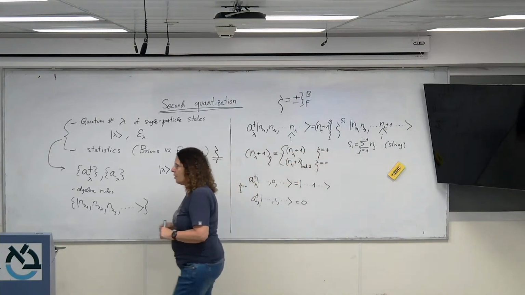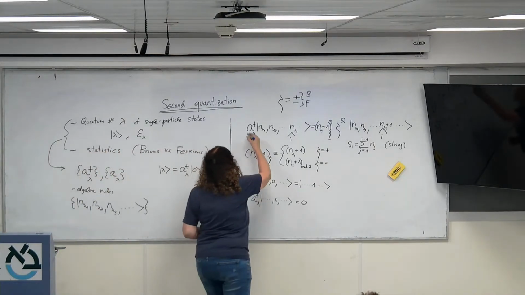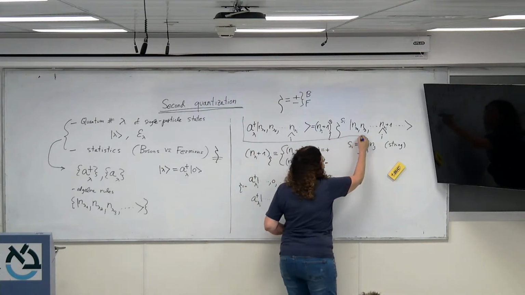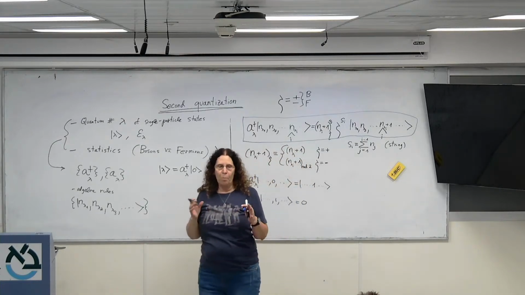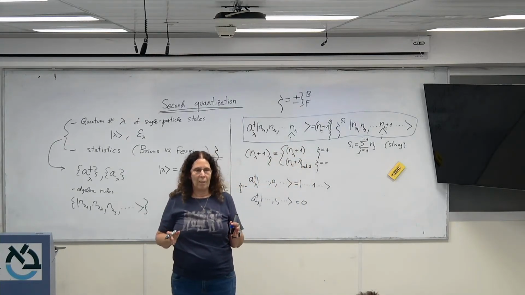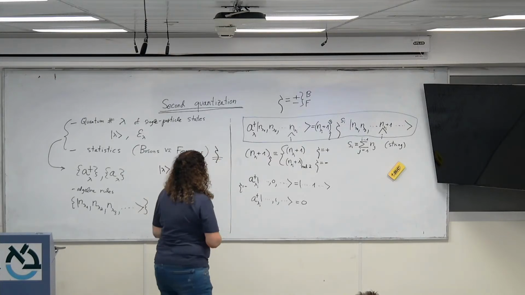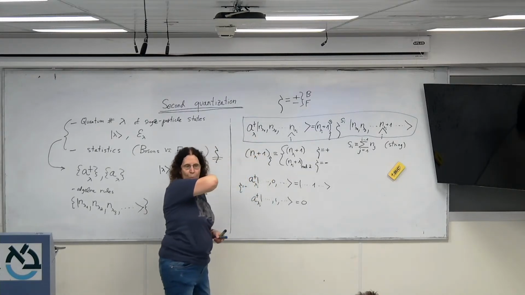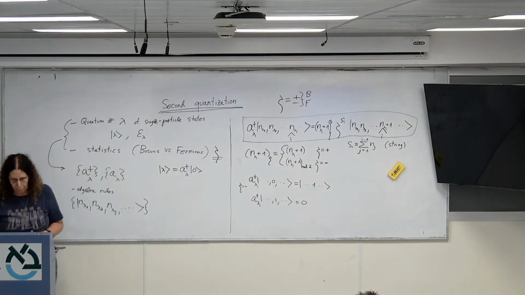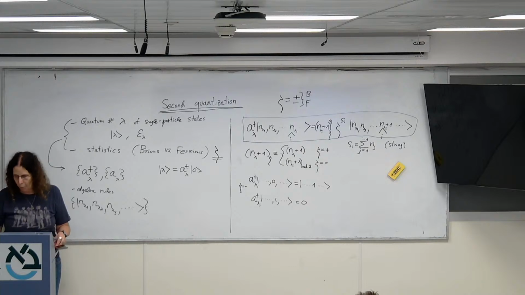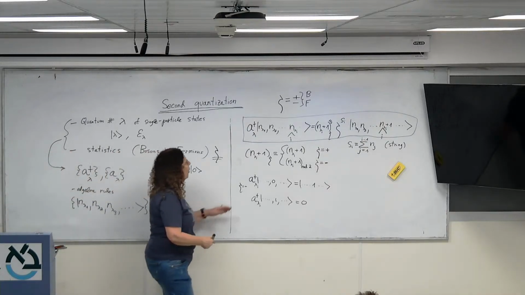I claim that this definition, and it is really a definition of the creation operator, is very precise, and everything else will follow from this, okay? From here, we can derive some algebra rules about this operator, okay? And we'll get to what the algebra rules are.